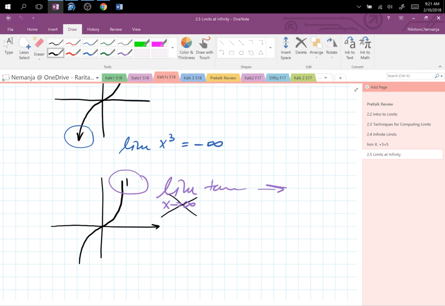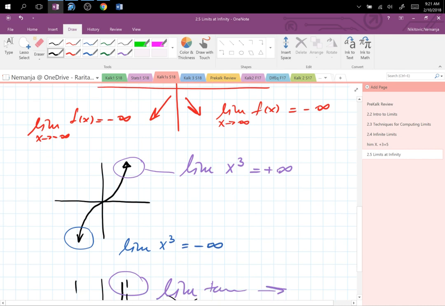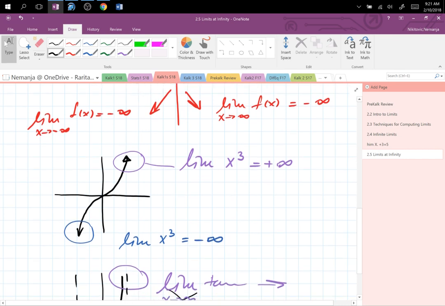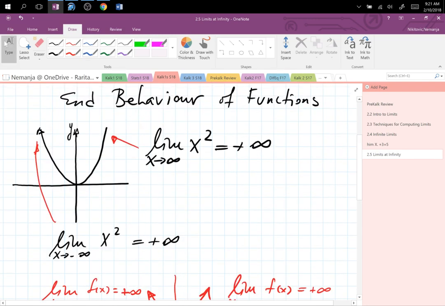So it does not work for tangent. Does not work for tangent. Erase this. Erase this. And the rest should be good, right? Yeah. Okay.